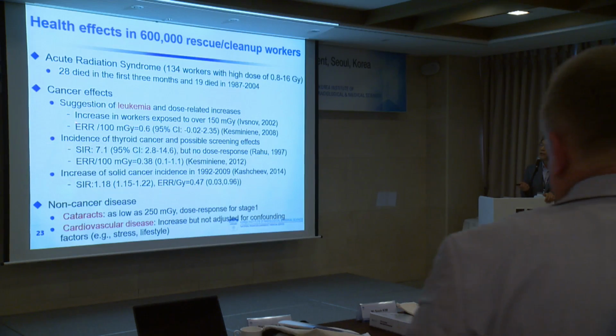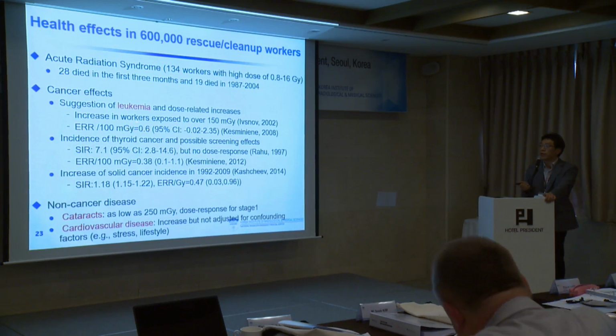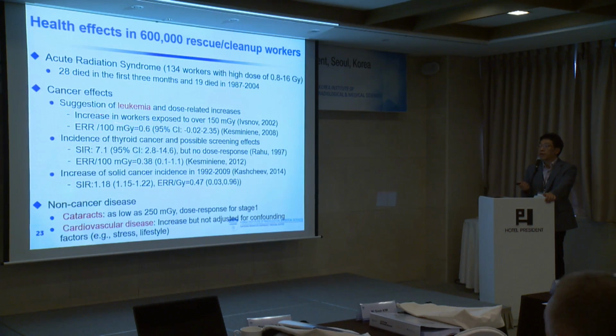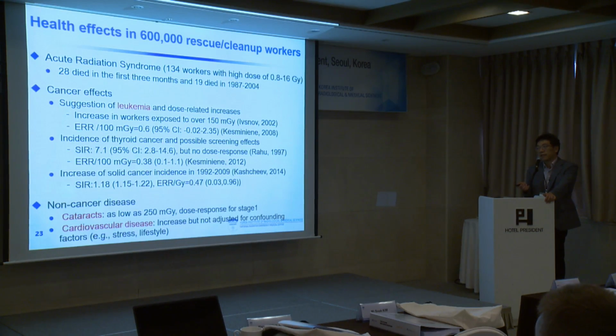There is some cancer risk for cleanup workers, especially leukemia, which shows an increase in risk, and also thyroid cancer. But for thyroid there is some debate. Some researchers said it is mainly due to a screening effect, and some said it is not. So we still have to look into it and follow up.